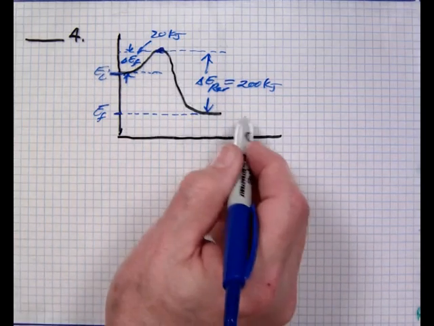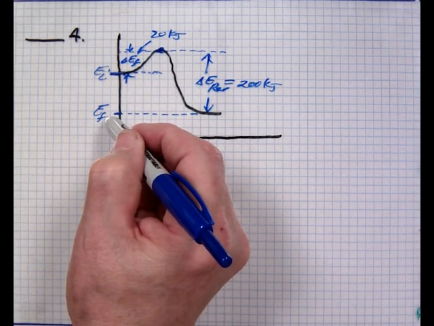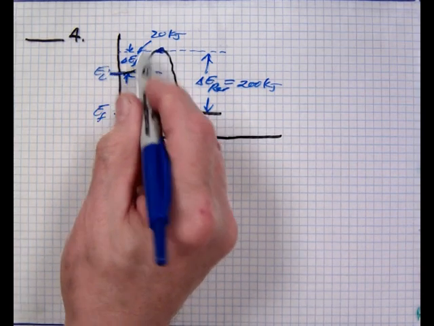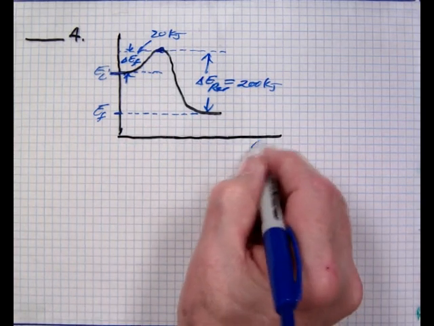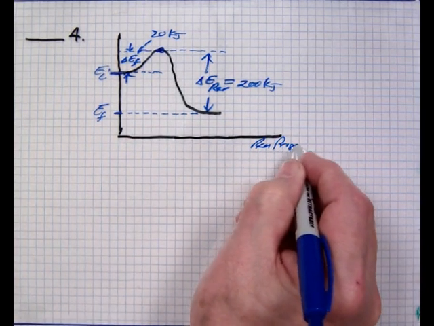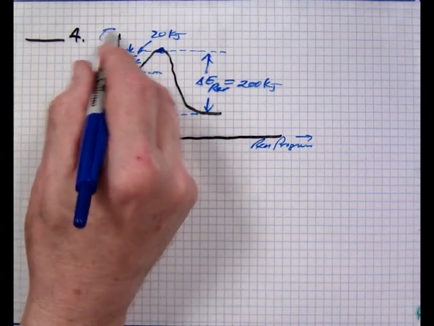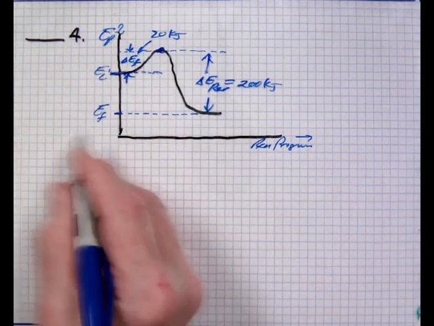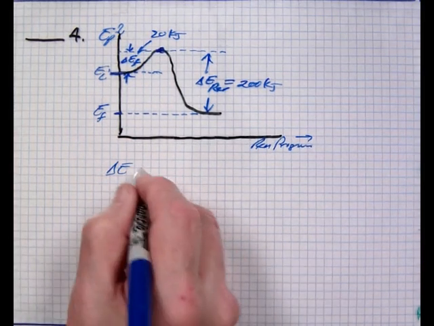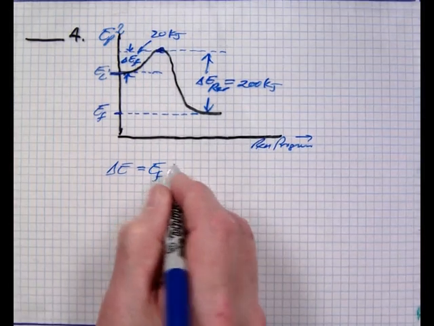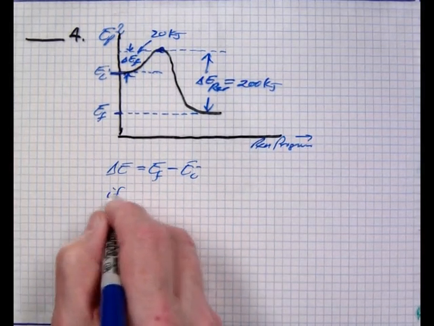Then when the reaction reaches equilibrium, this is your energy. So we've gone from here through all of this, and this is reaction progress. Okay, and EP. When we want to calculate the change in energy, we calculate E final minus E initial.